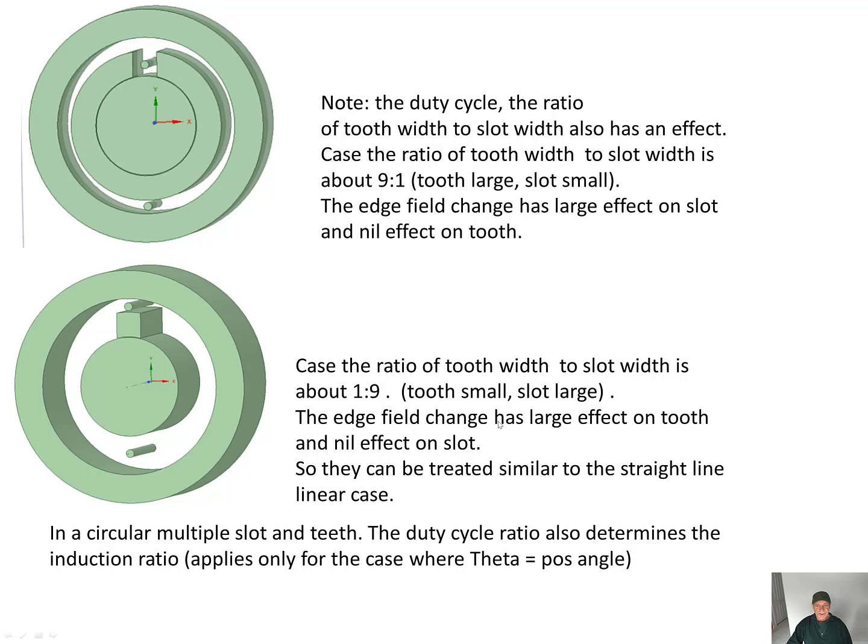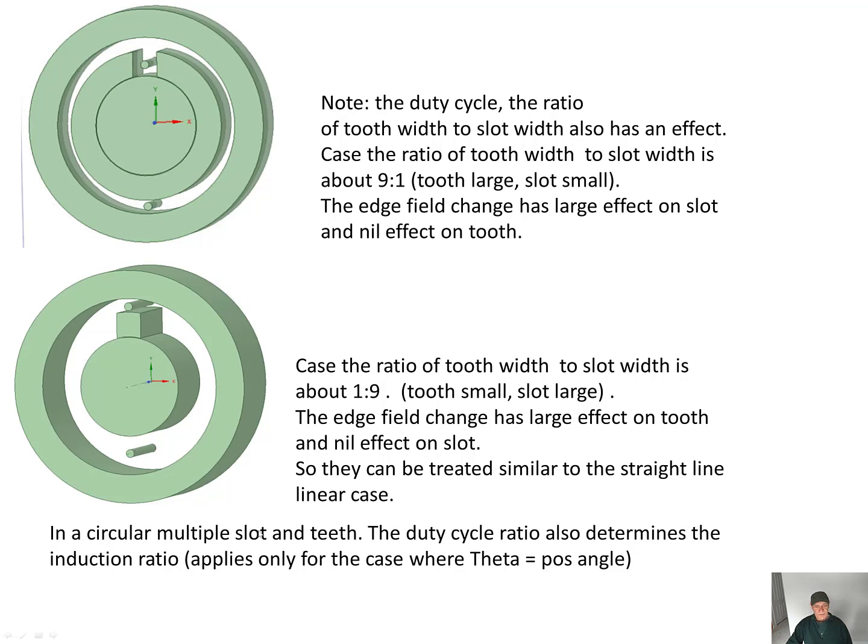The edge field change has a large effect on the tooth and nil effect on the slot. So here, this behaves almost as if it was a bar magnet moving together with a conductor. So we have flux linkage occurring as well as flux cutting, and the effect is 0. And here, because we have a large slot, the effect is also 0.